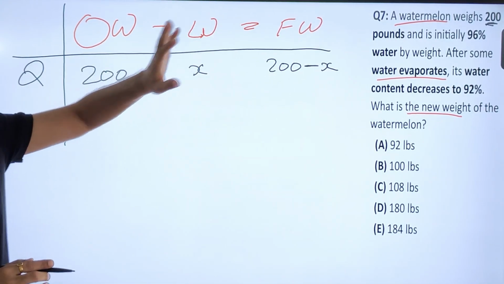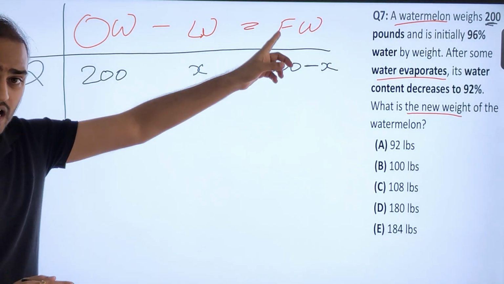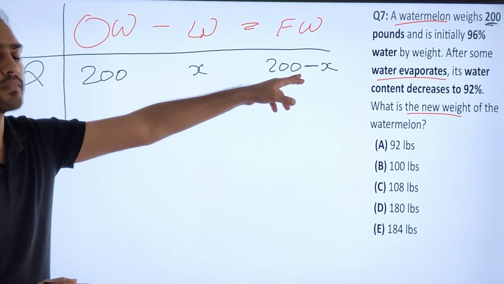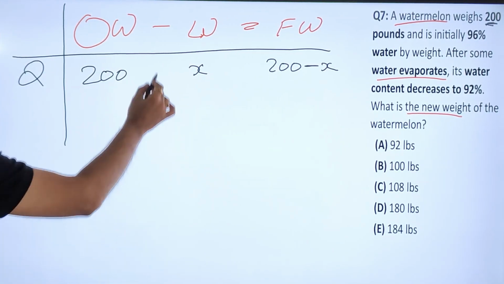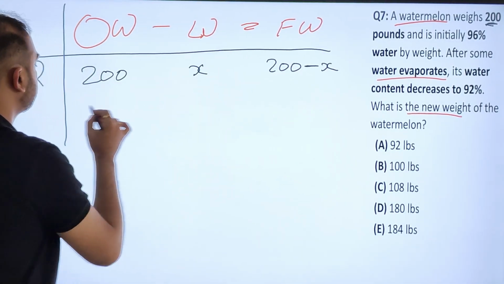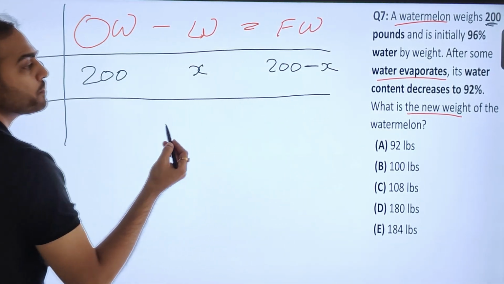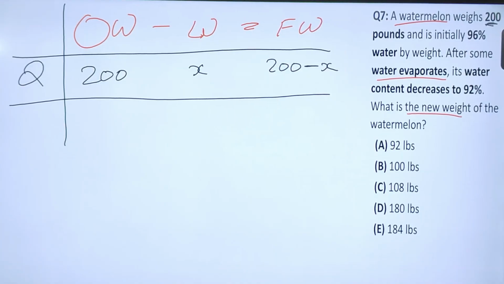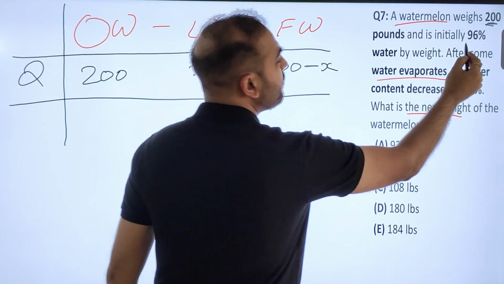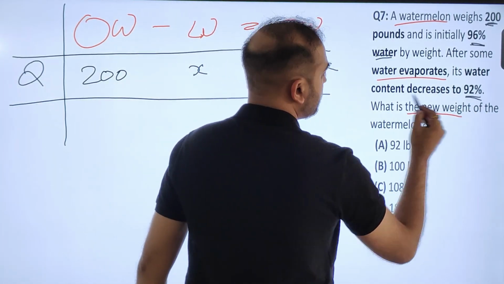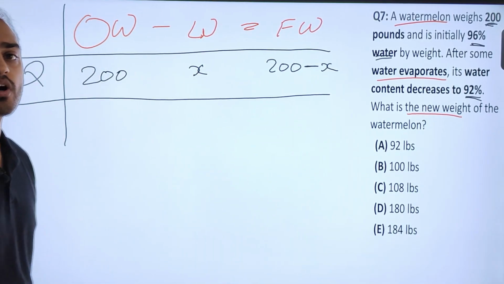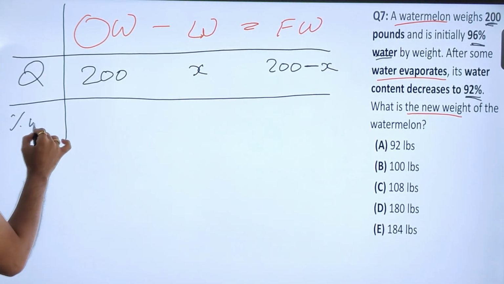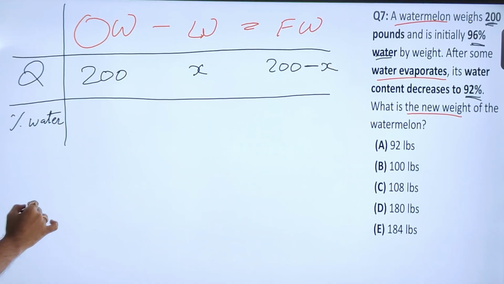Here, because water is evaporating, going out and reducing the quantity, it is 200 minus x. This sign carries over. Again, what do you want to make the equation for? Think of a factor. I have percentage of water, so let me make the equation for percentage of water.